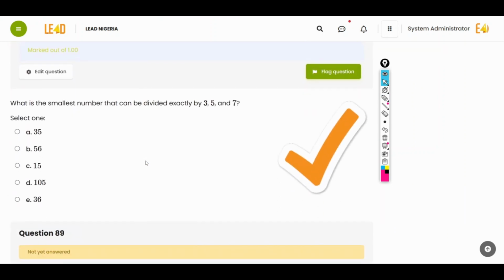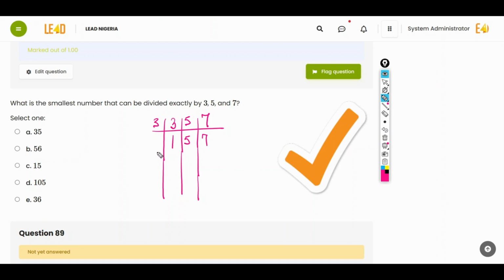Right, question 88. What is the smallest number that can be divided exactly by 3, 5, and 7? All right, so it's LCM. So let's begin. We can use 3, right? We'd have 1, 5, 7. We can't use 3 on 5, so bring down the 5.